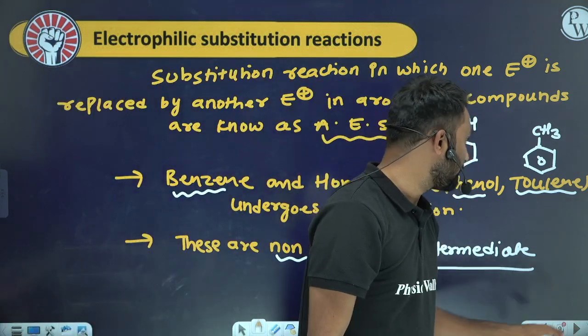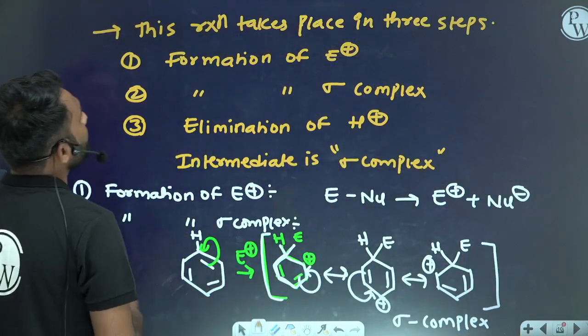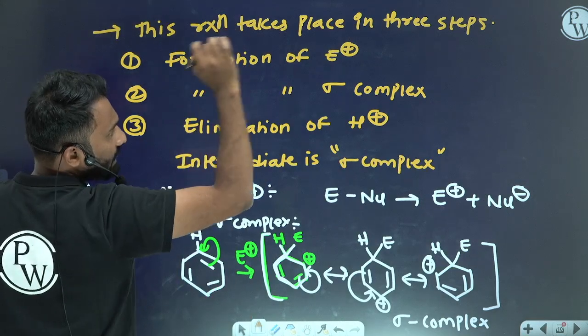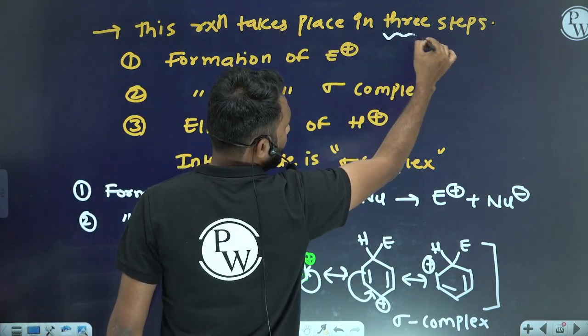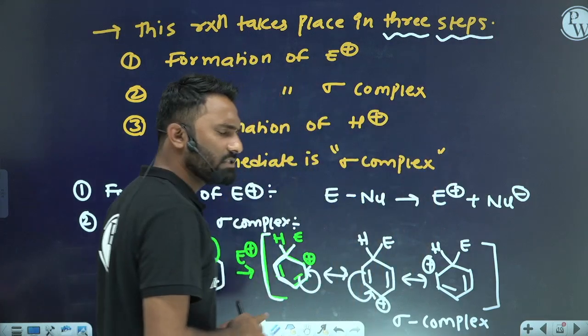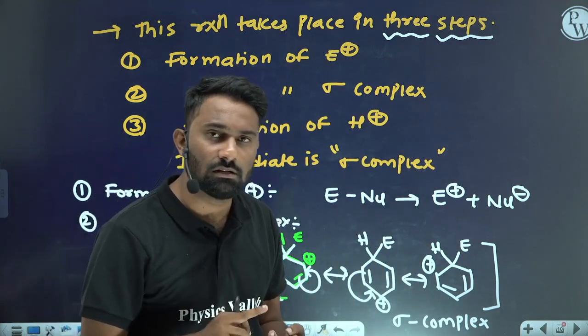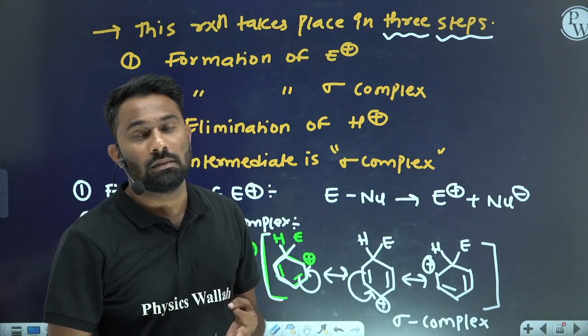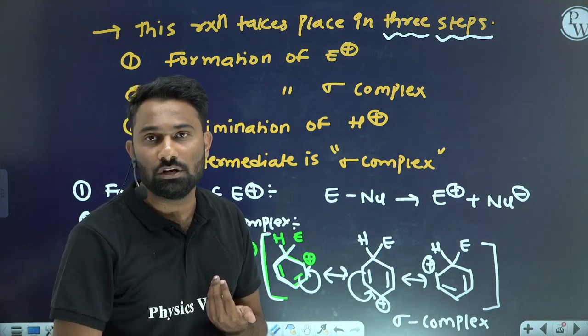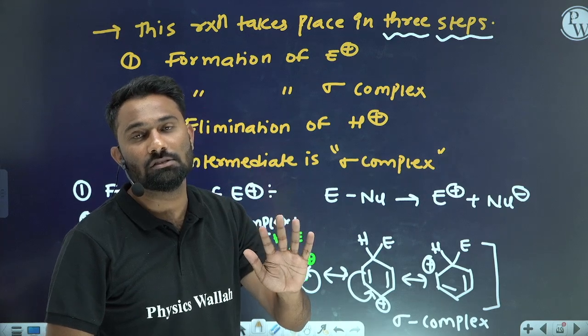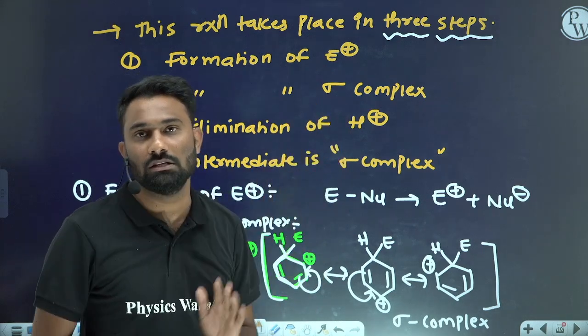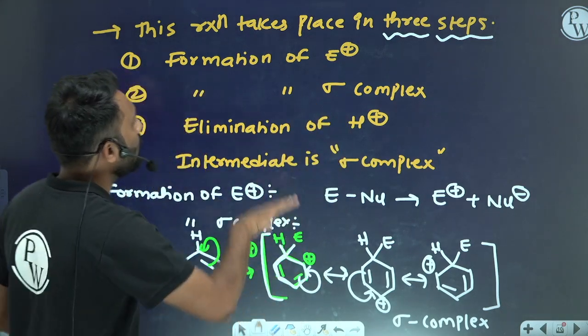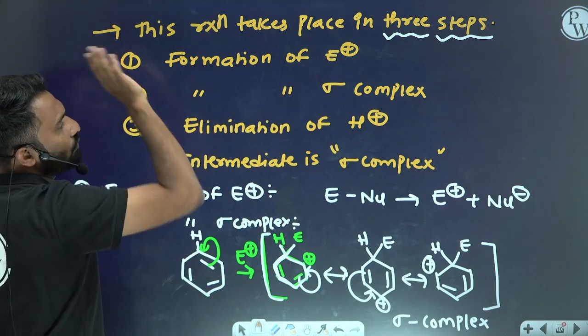Next, this electrophilic substitution reaction takes place in 3 steps. Nitration, Friedel-Crafts alkylation, acylation, halogenation, sulfonation. These 5 reactions that we are going to see in electrophilic substitution will follow these 3 steps only.